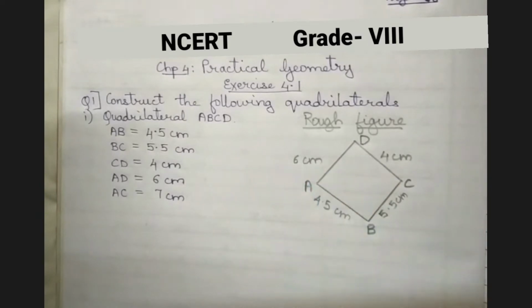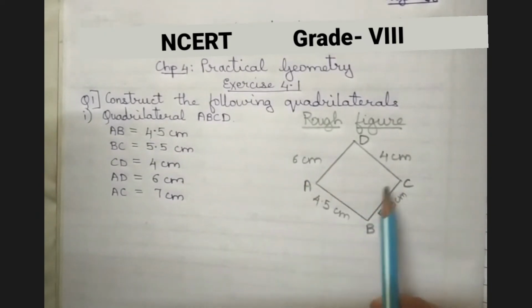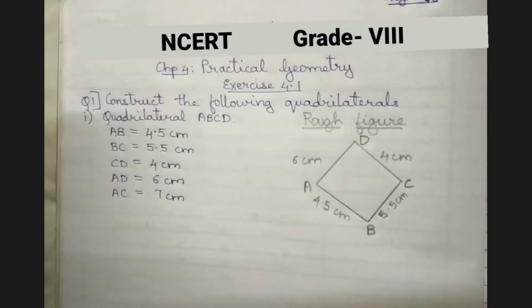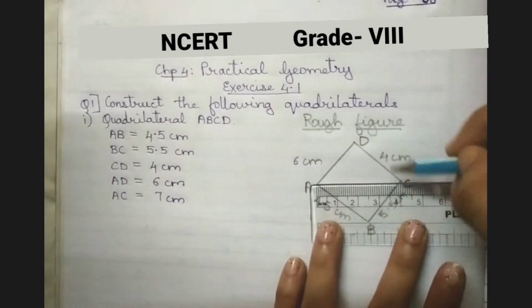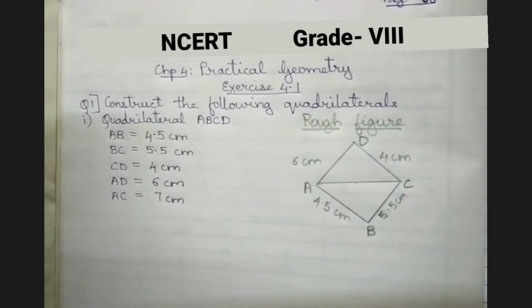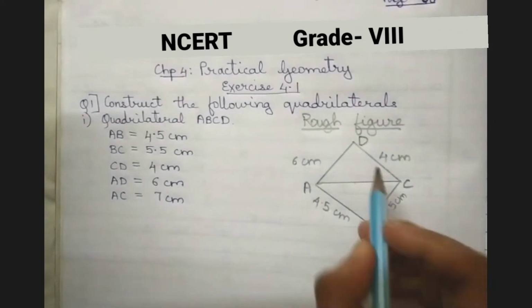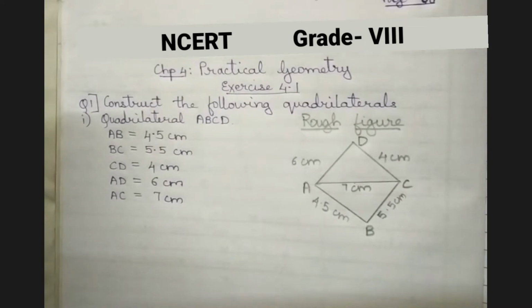And here they have given us one more measure, AC. So here AC will be our diagonal. So diagonal is 7 centimeter. So I will first join A and C, and the measure of AC is 7 centimeter. Okay, so our rough figure is ready.